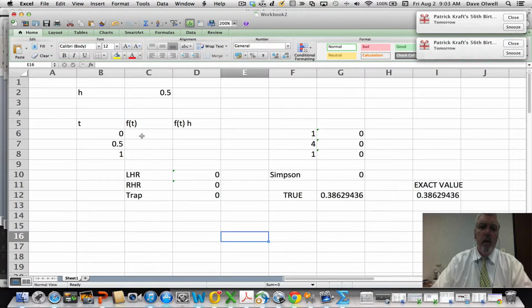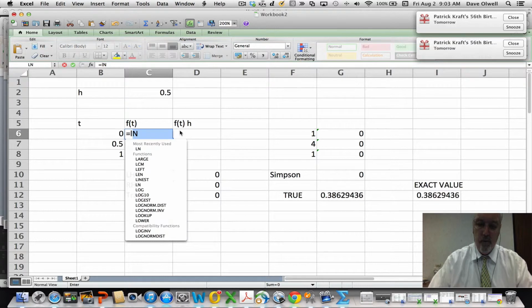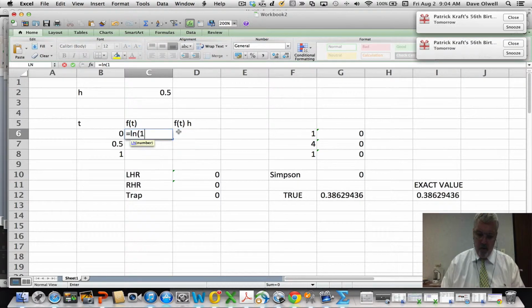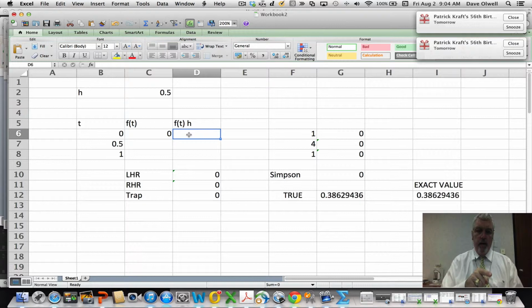So the value at the left-hand endpoint here is the log of 1 plus the left-hand endpoint, equals ln of 1 plus t. Okay, and that's the height, and then the rectangle is the height times the width.